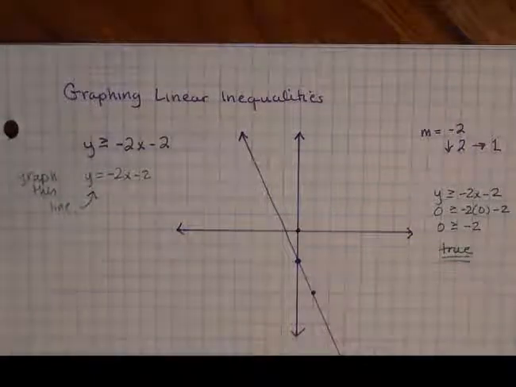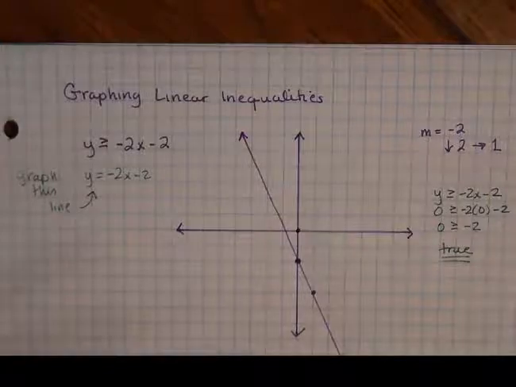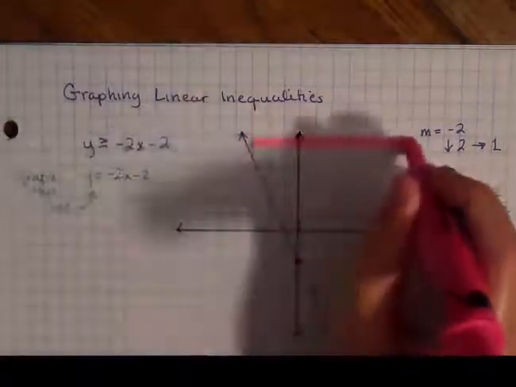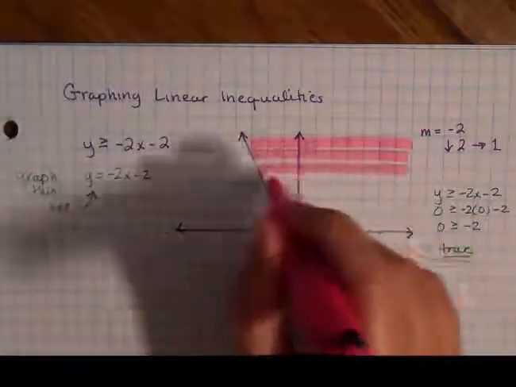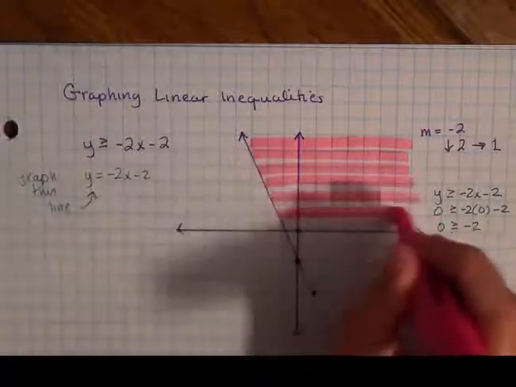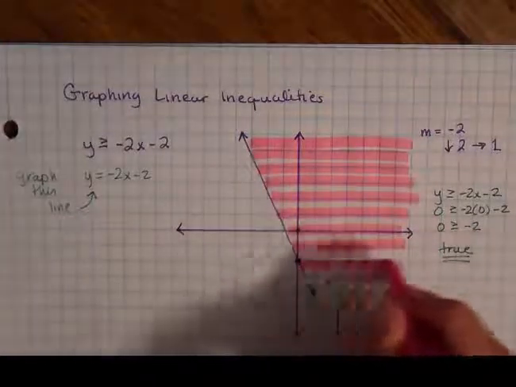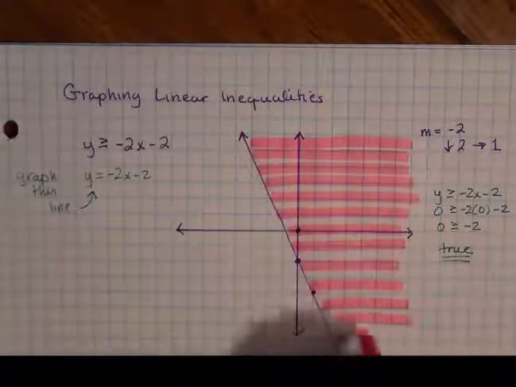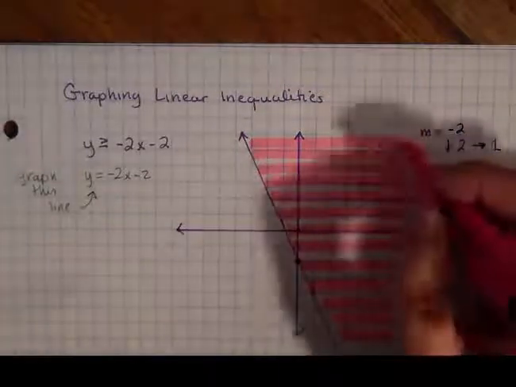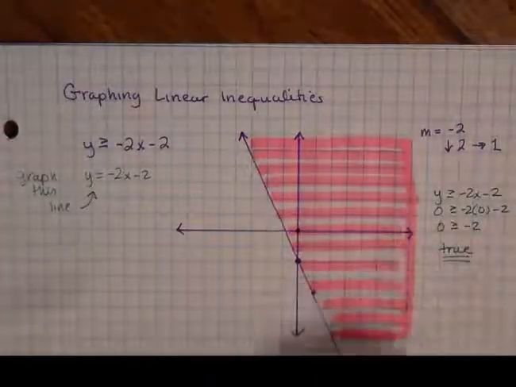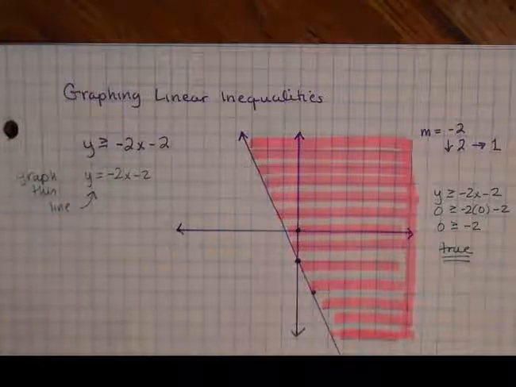If I got a false statement, I would shade the opposite side. So we'll shade this whole side of the coordinate plane, and that tells me that anything on this side of my graph would make a true statement.